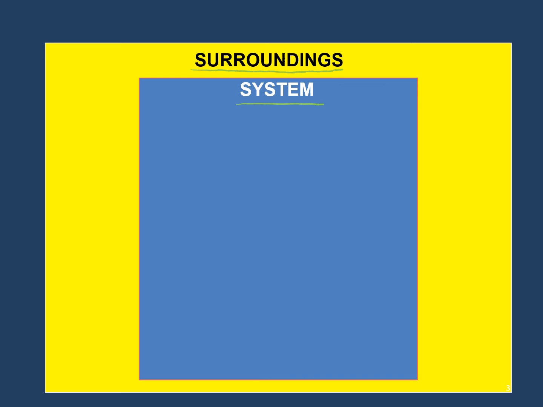Energy is always going to be transferred in or out of the system. So let's say it's going from the surroundings into the system. A couple things happen. We say the system is gaining thermal energy, or in other words, is gaining heat.